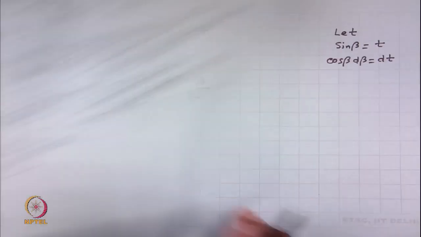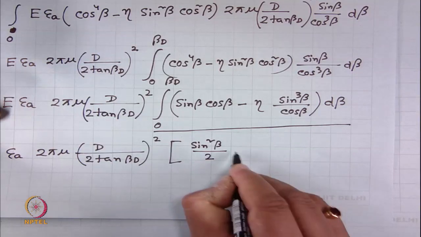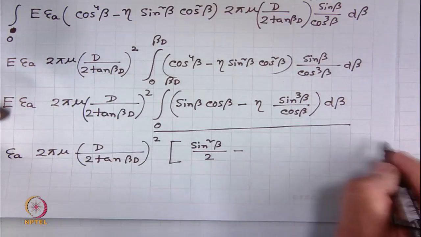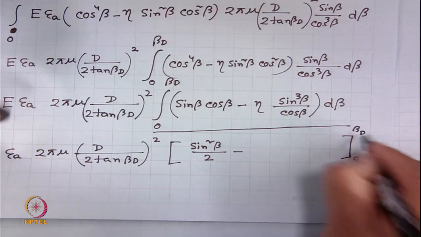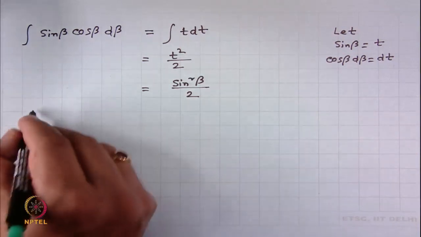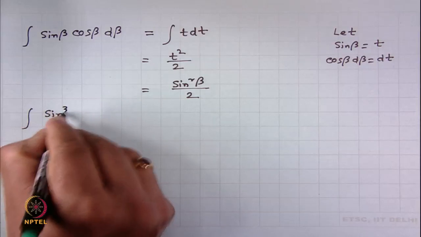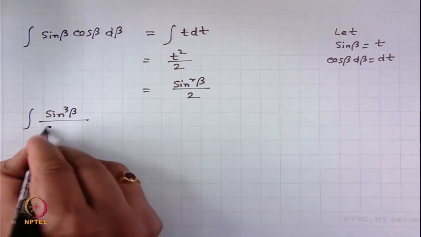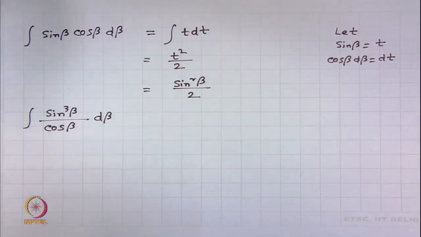Sin square beta by 2 minus eta, what is the next integral? Next integral is sin cube beta by cos beta into d beta.